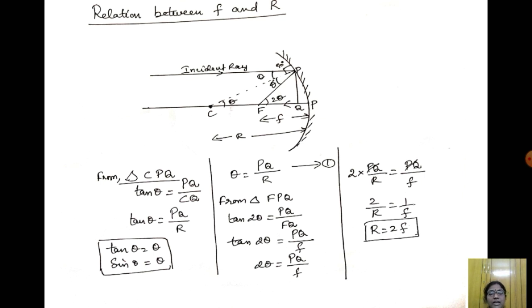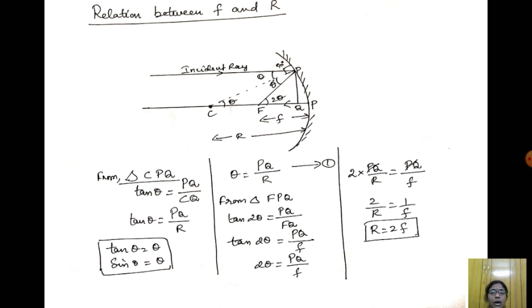Now from the point C, we draw a normal to meet at the point P. Since it is a normal, it is perpendicular to the spherical surface, that is at 90 degrees. So the angle of incidence with the normal will be theta. Similarly, the angle of reflection will also be theta.